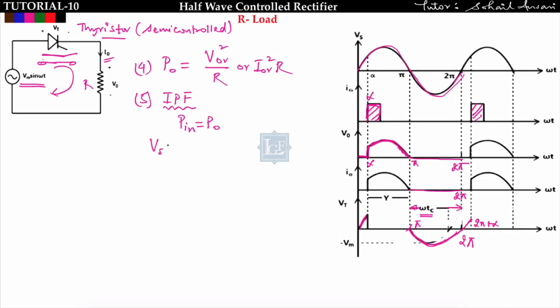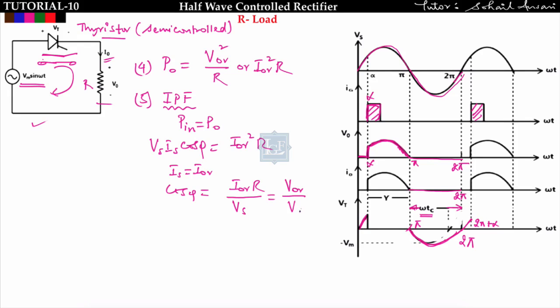We know P in is Vs Is cos phi, equal to P out, that is IOR square into R. We know that the source current and the output current waveforms are the same for the half wave controlled rectifier considering R load, so Is is equal to IOR here. Finally cos phi will come out to be IOR into R by Vs. You can also write it as RMS output voltage VOR upon Vs.